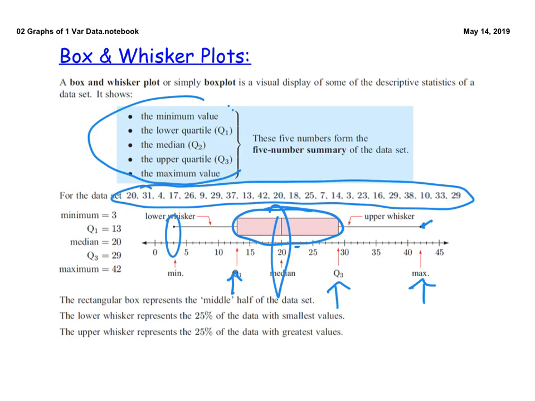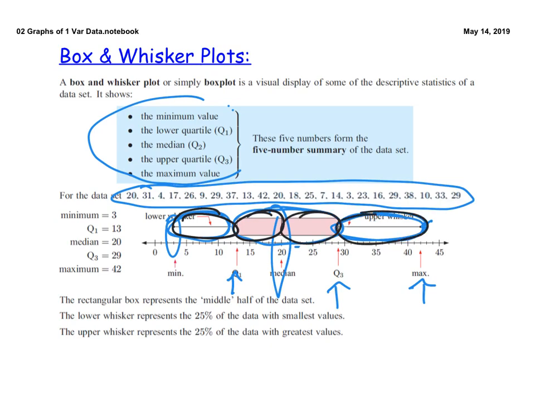So the middle half. This is the upper 25%. This is the lower 25%. And really, because they're called quartiles, they're dividing it into 4 chunks of 25% of the data.